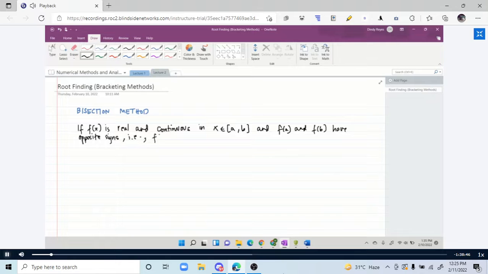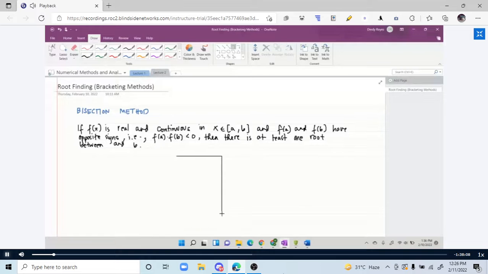In other words, f of a times f of b is less than 0, or their product is a negative number because they have opposite signs, right? Then there is at least one root between a and b.